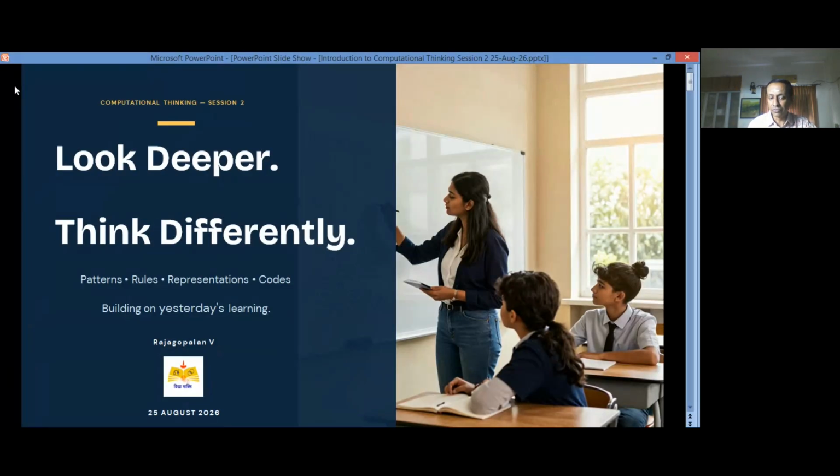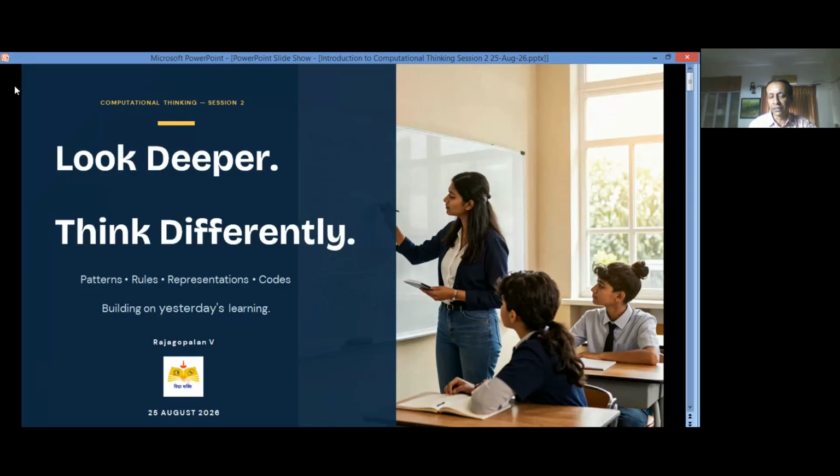So think differently. I think we talk about thinking, critical thinking, thinking out of the box, thinking differently all the time. But how do we develop the ability to think differently is something we will look into today as well.